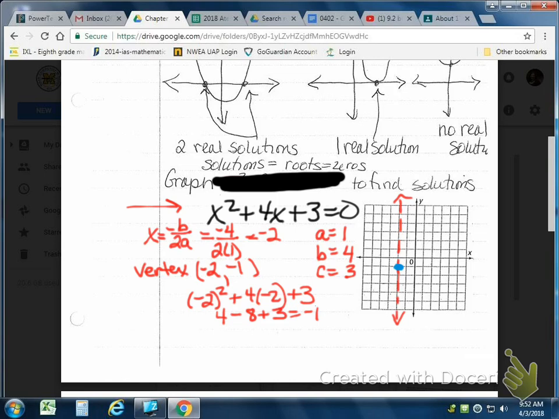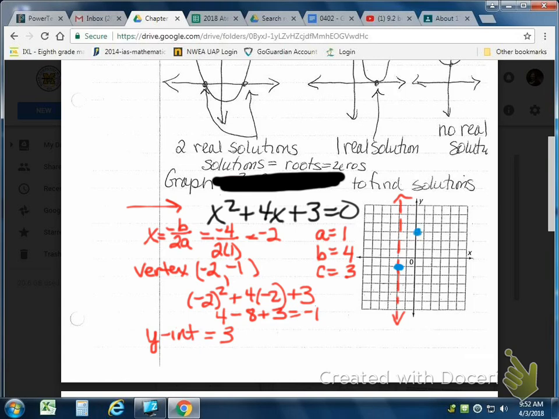All right, the next obvious thing is the y-intercept. How do I figure out what my y-intercept is? The number that's at the end. Which is? 3. So this is definitely going to cross at y at 3.